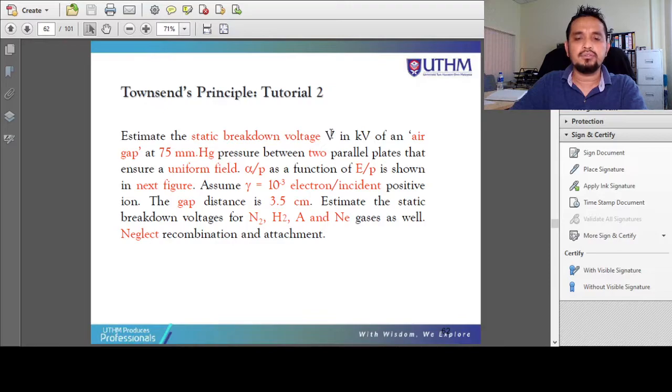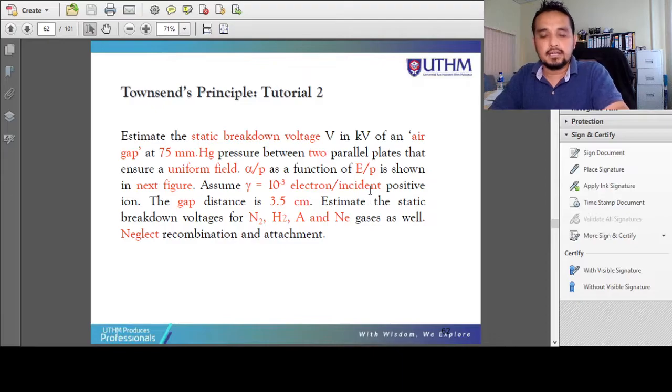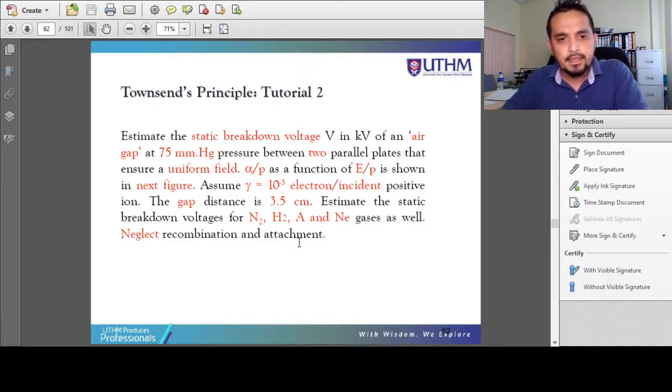So we know VB of air gap, previously we calculated at 100, and now we calculate at 75 pressure and gap pressure. 75, two parallel plates, uniform field, they are the same. The alpha over pressure is the same. Electric field over pressure is again the same.